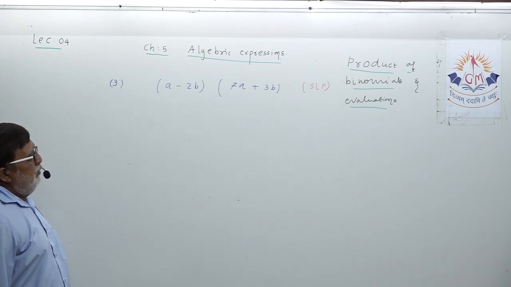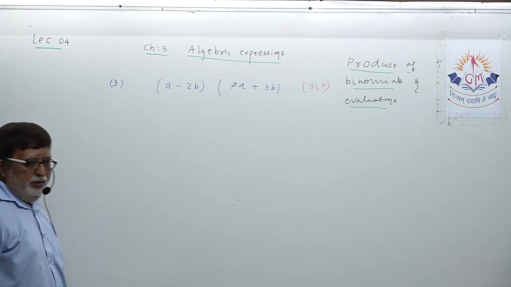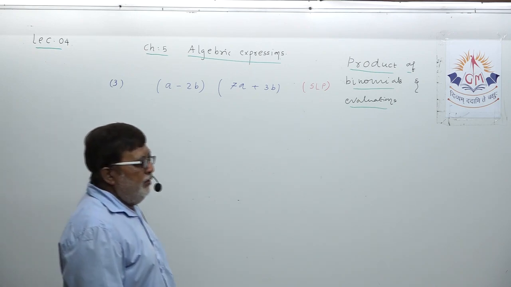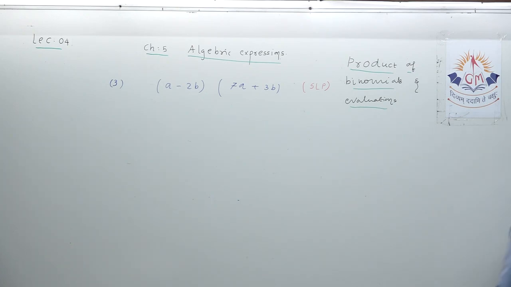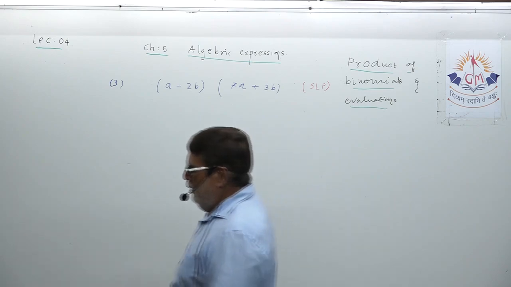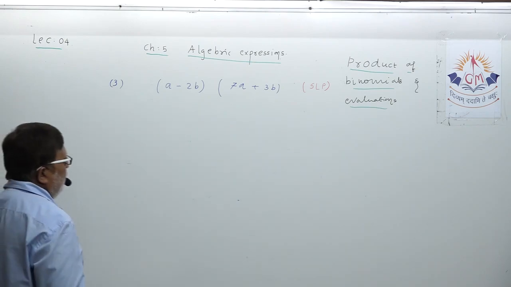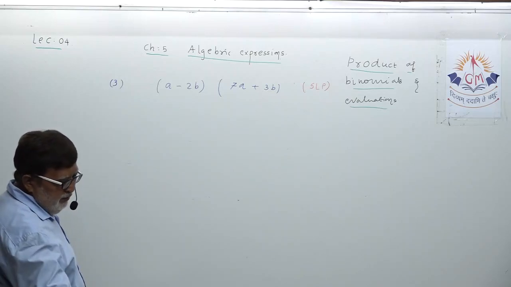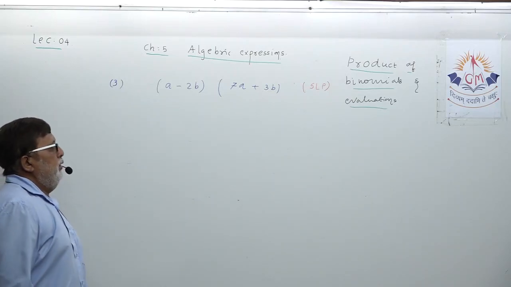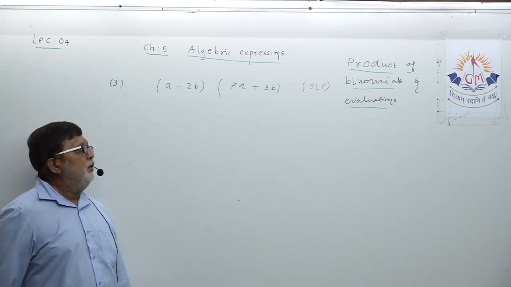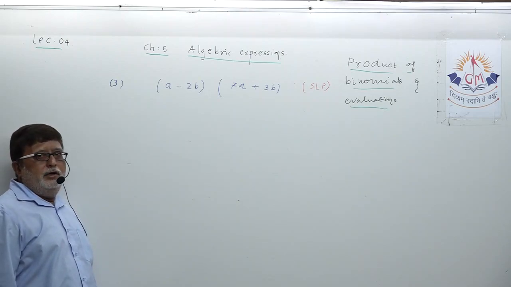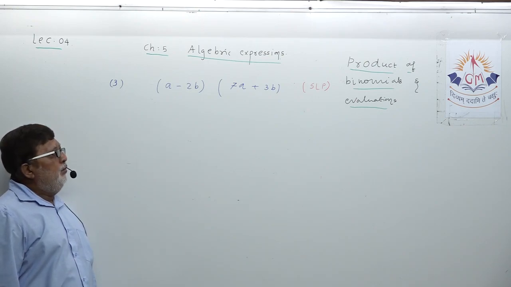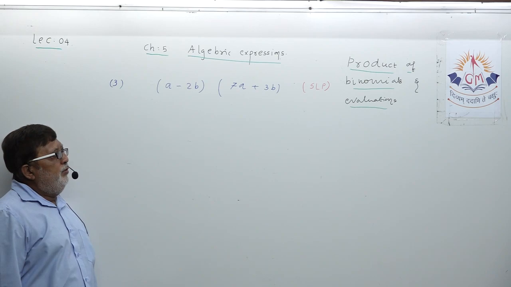The first binomial is a minus 2b and the second binomial is 7a plus 3b. Try to solve in your book, okay? And then when I solve the same example here, you just need to verify properly whether the example has been done by you correctly or not, okay? Just look at the sum, product of the binomials. First binomial a minus 2b and second binomial 7a plus 3b.